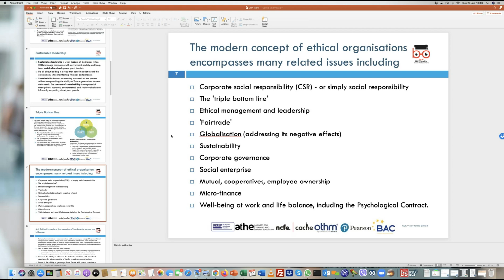So sometimes we come across this term, it's a fair trade coffee, or you're buying something which is fair trade.